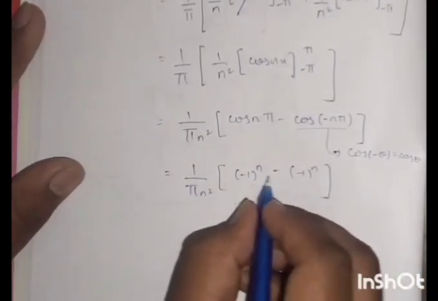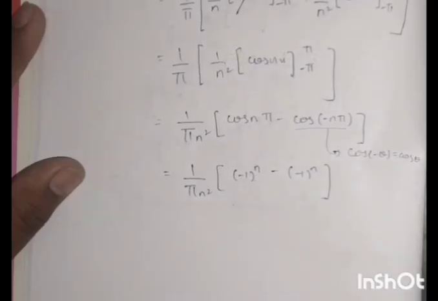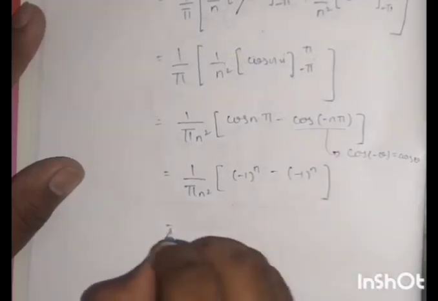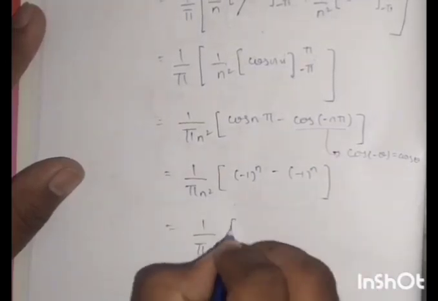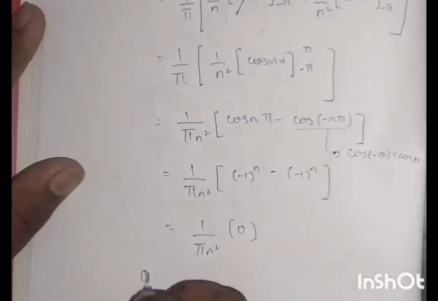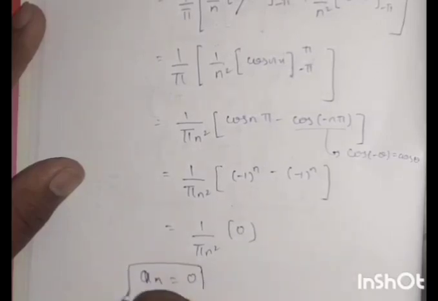So minus 1 raised to n minus minus 1 raised to n becomes 0. So an is also 0.